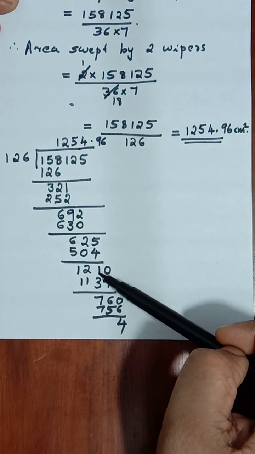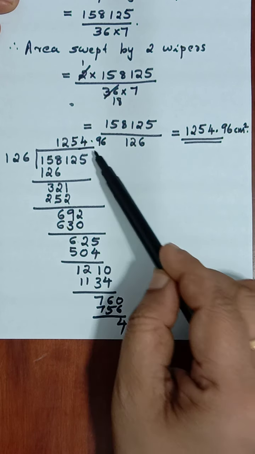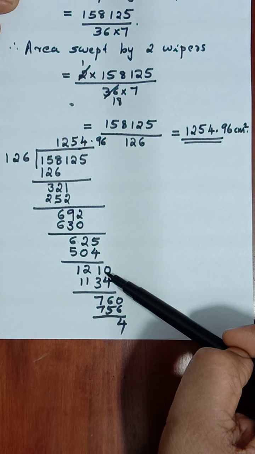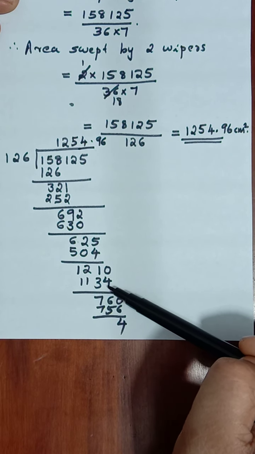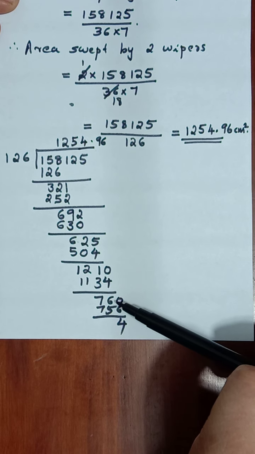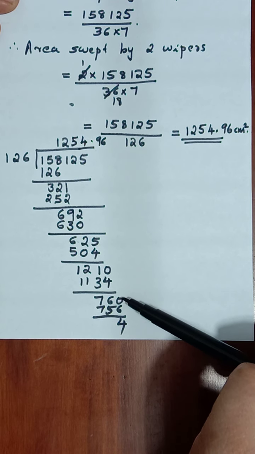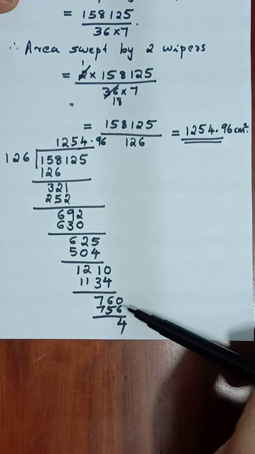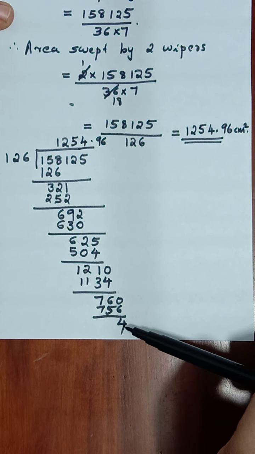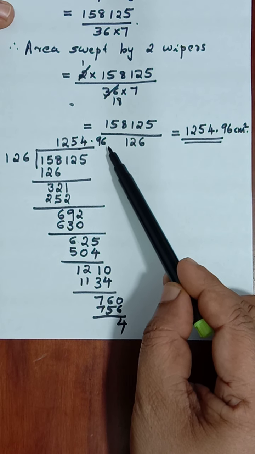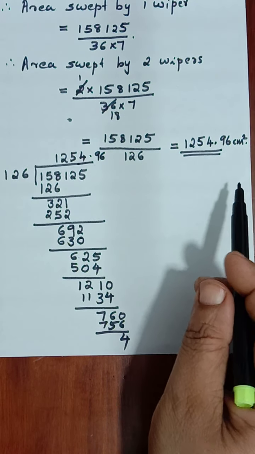So 121 remainder, put the decimal and give 0. You are getting it 9 times. So 1134. Subtract, 76 you are getting. You can add a 0 as the decimal is given. So 6 times, you are getting 756. So within 2 decimals you can wind up your answer.